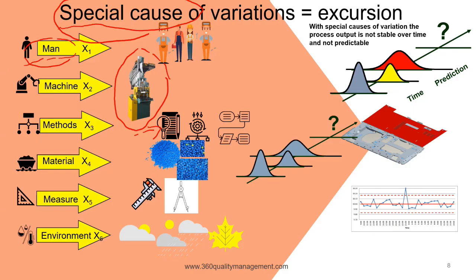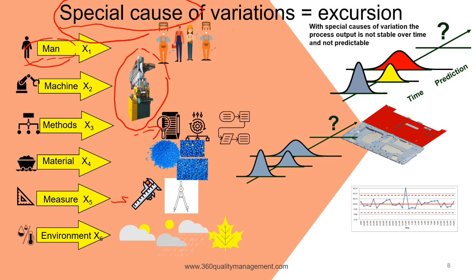Before it is used in the manufacturing line, for the material itself, there could be a new batch of material, or the supplier is giving materials that come with special cause variations, or there could also be a new vendor that is not qualified.